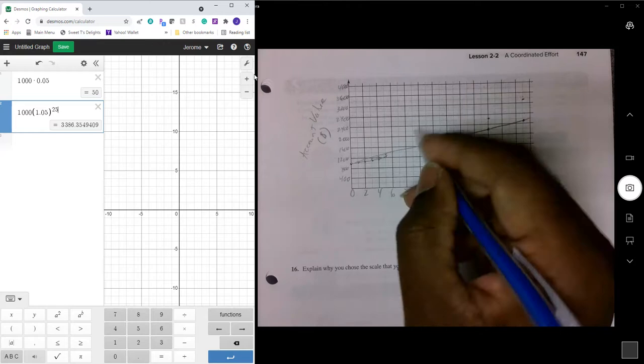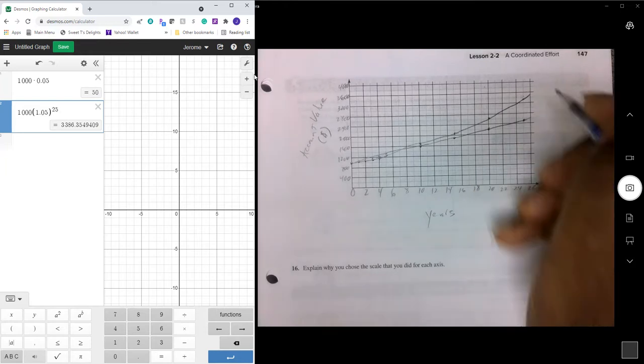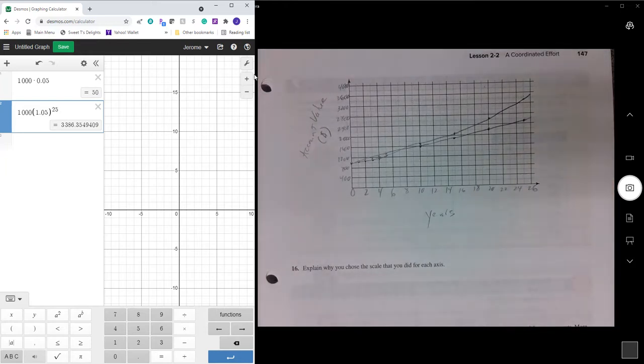Okay. All right. So that is the graph, and that's freehand. Of course, you all could use a straight edge to help you out here.